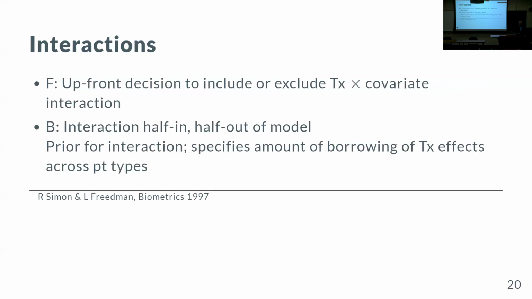What we should be doing is having the interaction half in the model and half out of the model. So we have a prior for the interaction that specifies the amount of borrowing of the treatment effect between, say, males and females. There's an elegant paper on this by Simon and Friedman, where they show you how to do a 2x2 factorial design with the Bayesian specification for the interaction prior.